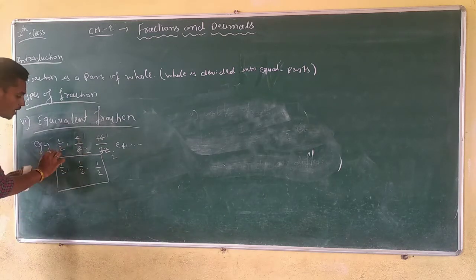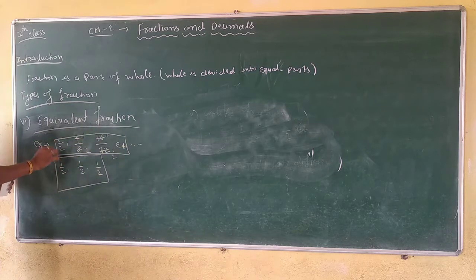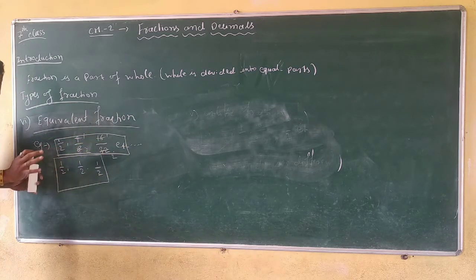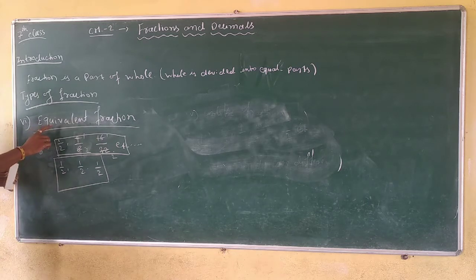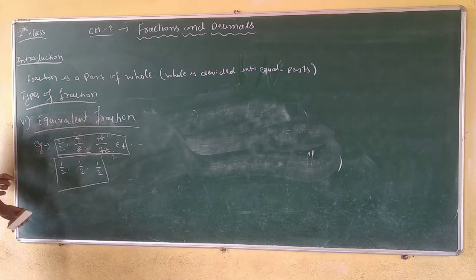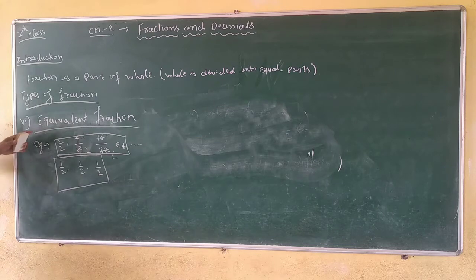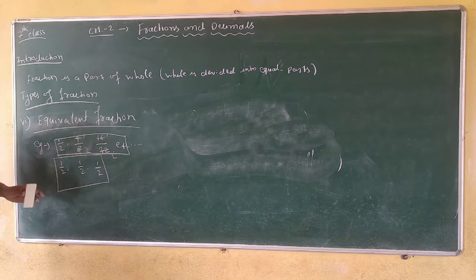So the value of all these fractions is the same. So that's why we call them equivalent fractions. Is it right? Equivalent fractions, the value of all fractions should be equal.